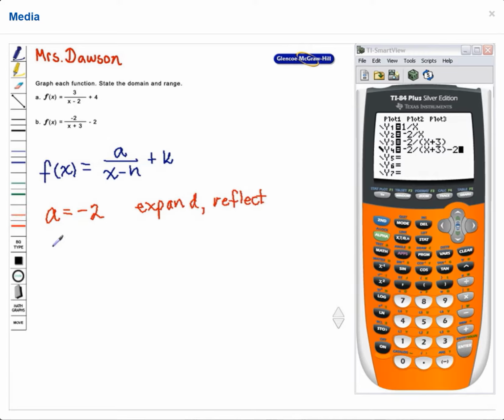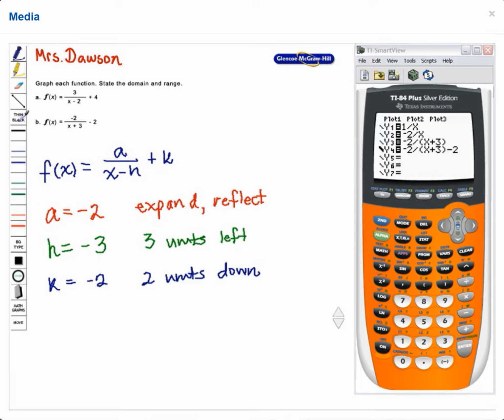The h value, in this case, is negative 3, which means we'll translate 3 units to the left, and the k value is negative 2, which means we have a translation of 2 units, but because of the negative, it will be 2 units down.